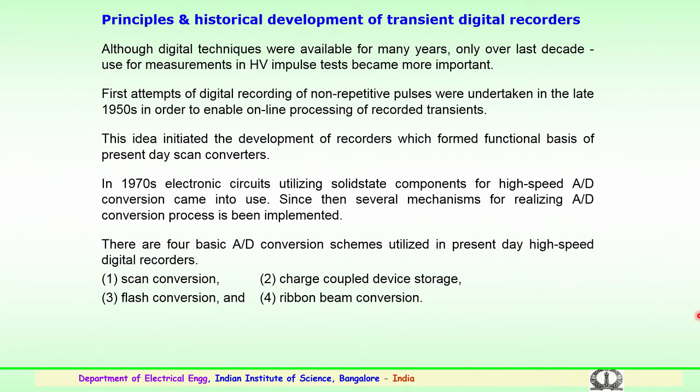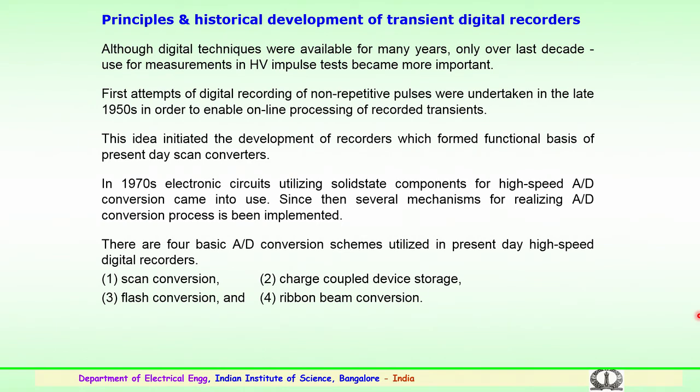The first attempt at digital recording of a non-repetitive pulse was undertaken in the late 50s in order to enable online processing of the recording of transients in the power system network. This idea initiated the development of recorders which formed the functional basis of present day scan converters.